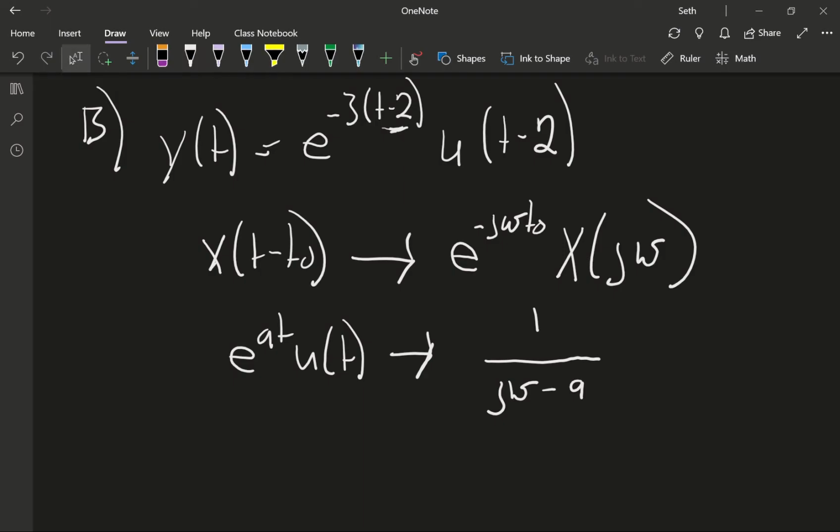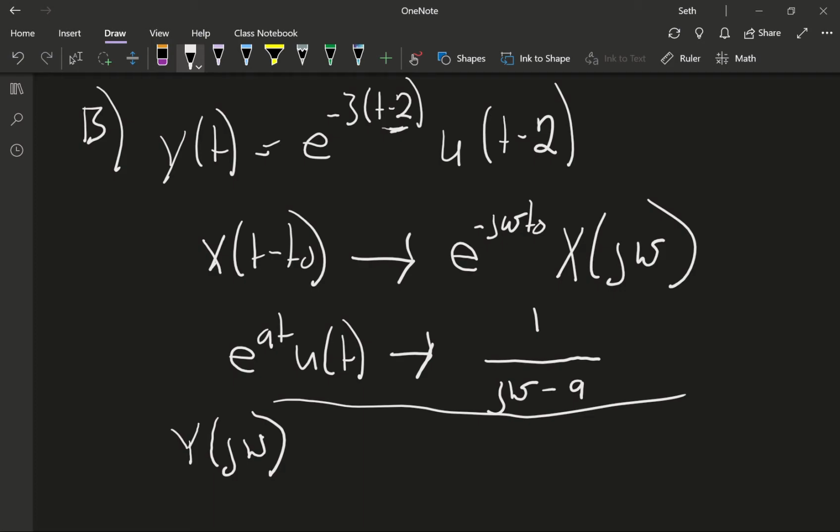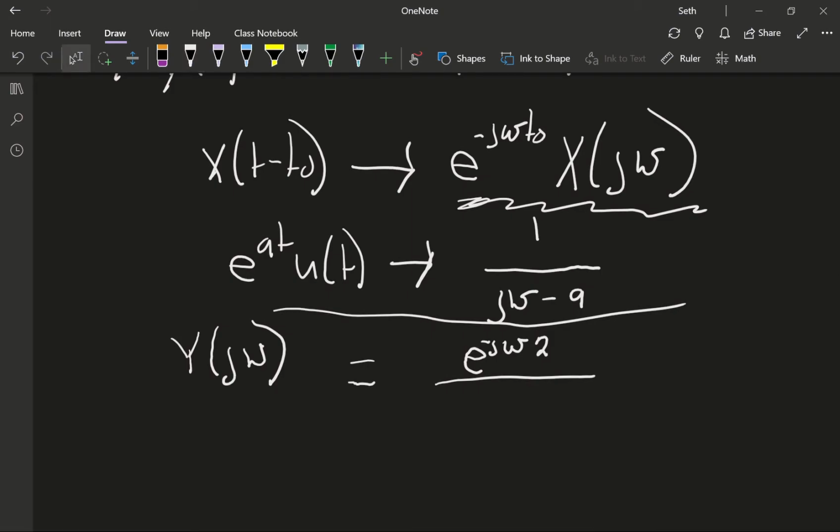So that means our transform is going to be equal to, we're just going to multiply it by our time shift, so we get, I can make that a little prettier.